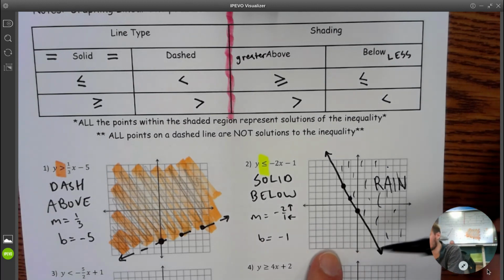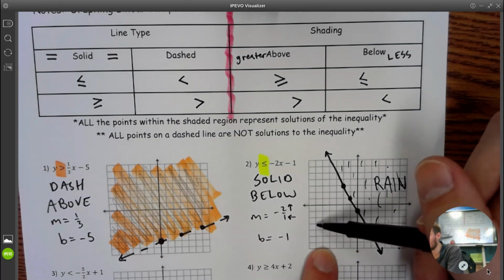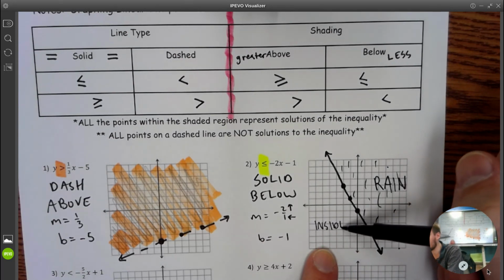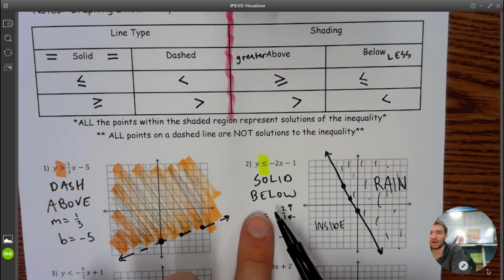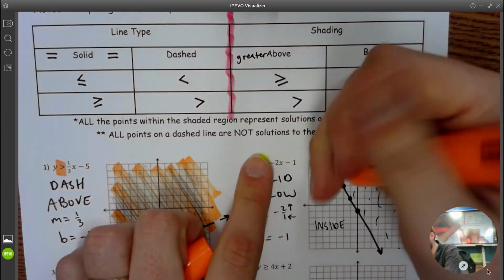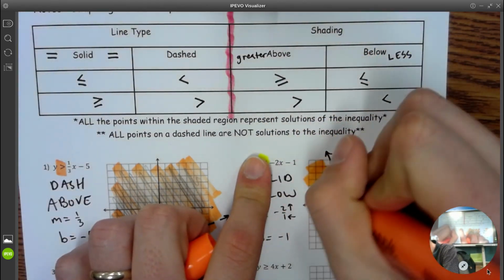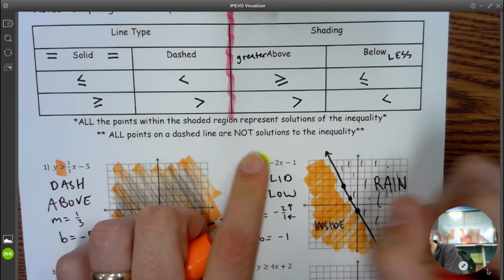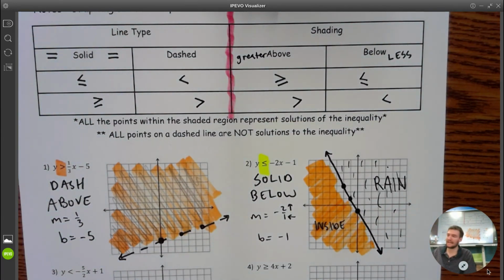If I'm on this side, this is where the home is, the inside of the house. So when I think of below the roof, it helps me figure out that I should be coloring this side. 1, 2, 3. I was going to do yellow. Dang it. Totally blew the color scheme already.